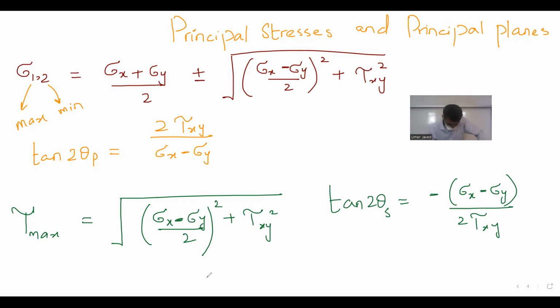Confusing or clear? What is the difference between tangent 2 theta P and 2 theta S? Theta P means the angle of the principal plane. Theta S means the angle of the maximum shear plane. So they are perpendicular to each other.